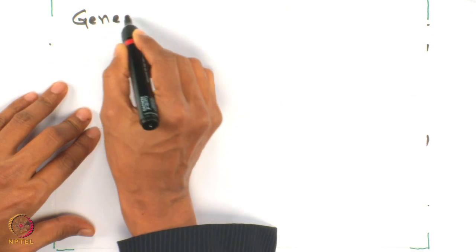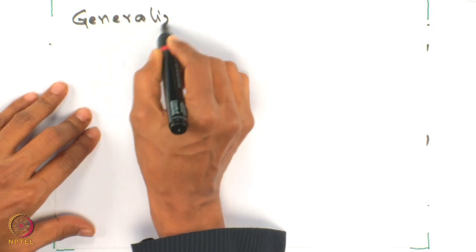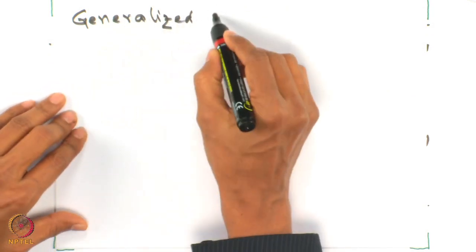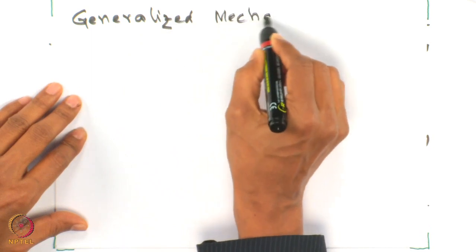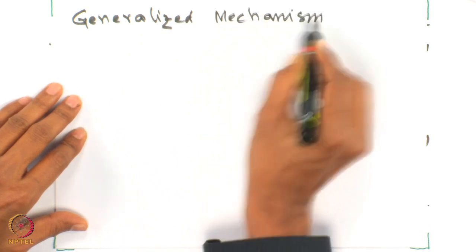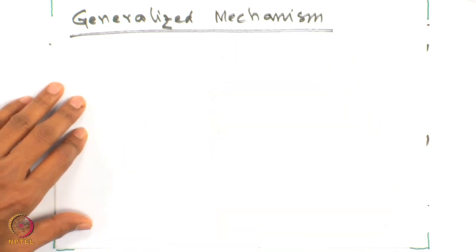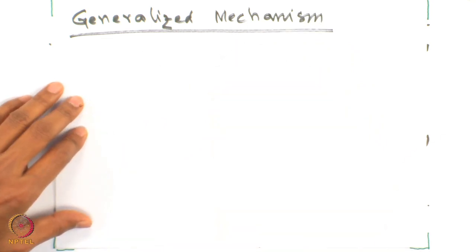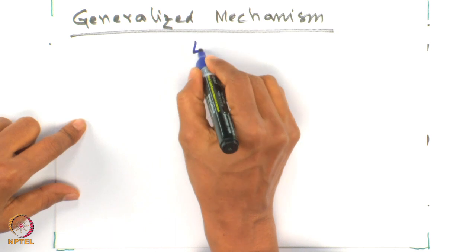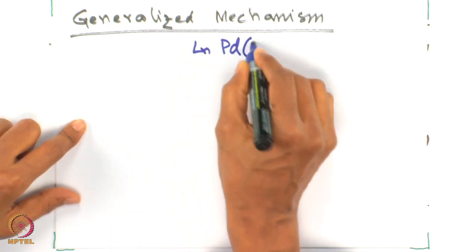So, generalized mechanism. For these purposes, we will have a palladium reagent. As I was saying, it is not necessary to use palladium, but we will use palladium for a general mechanism.